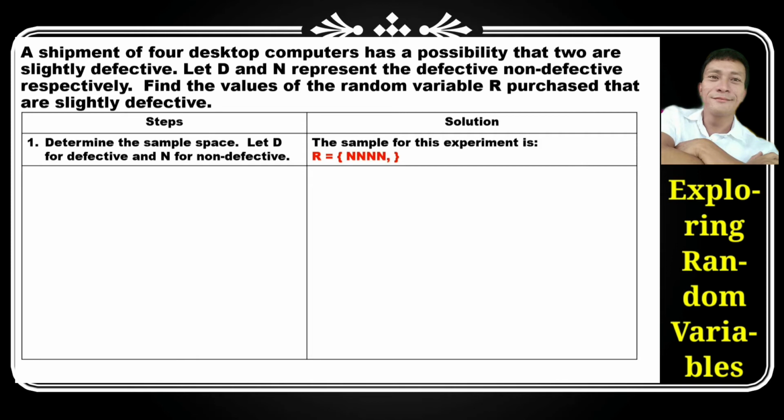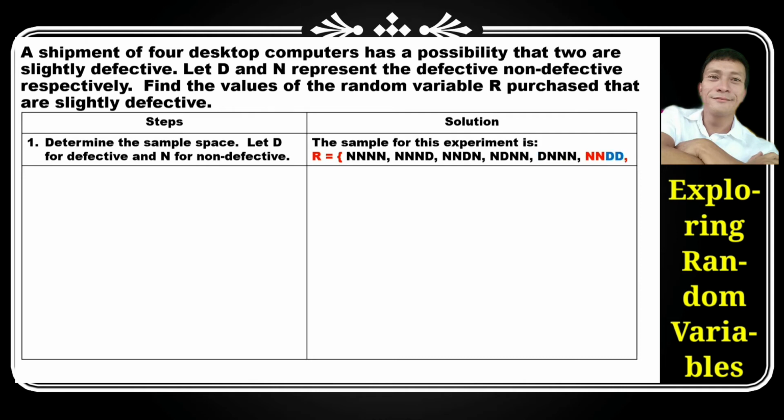The first outcome is 4 non-defective computers. The next 4 outcomes have 3 non-defective and 1 defective computers, on the fourth, the third, the second, and the first computer respectively.